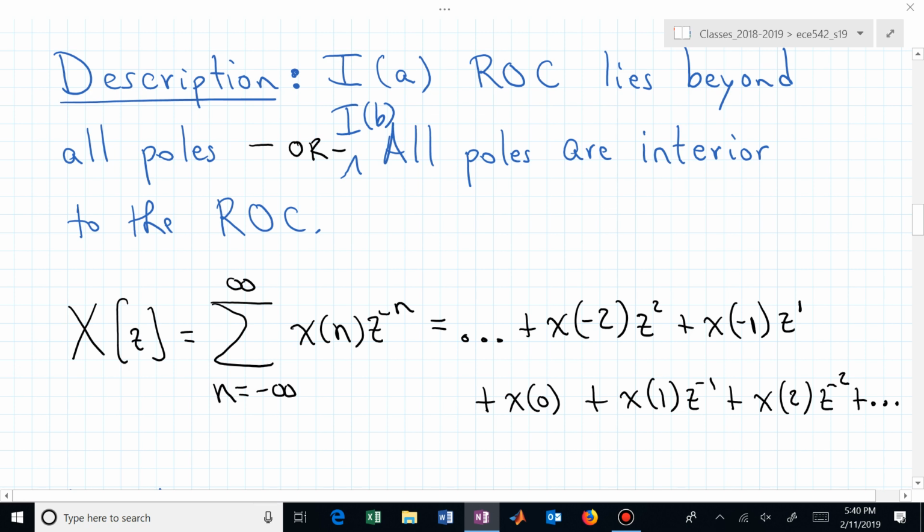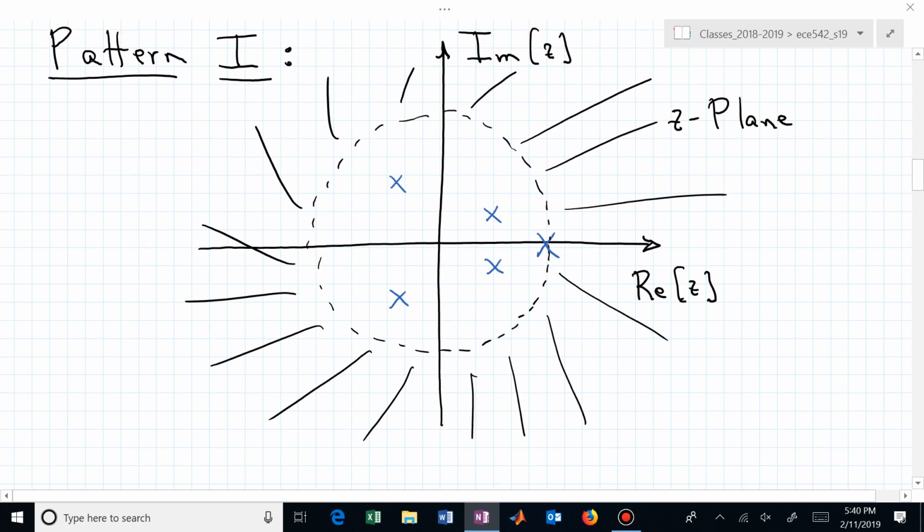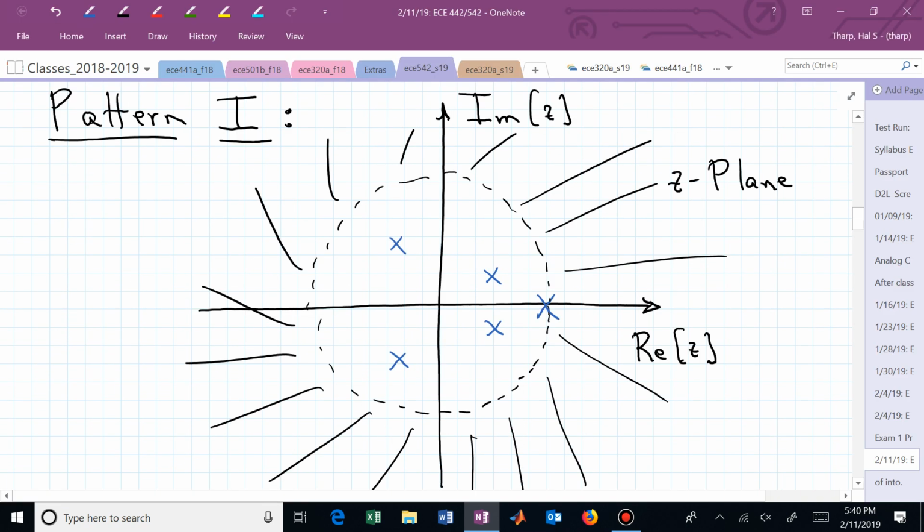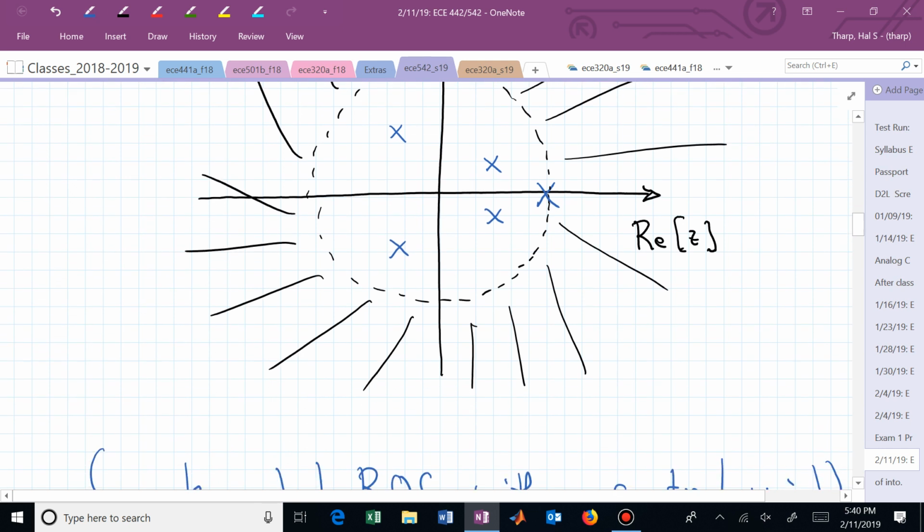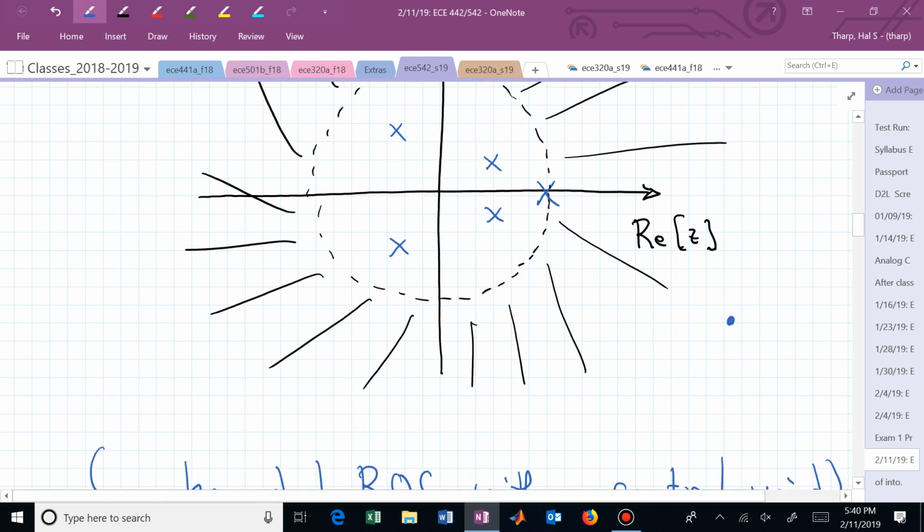I'm not sure if it's clear what I'm trying to say, but let's put a point over here. That point belongs to the region of convergence, and we are going to let it go off to infinity. Z as a complex number can get big.